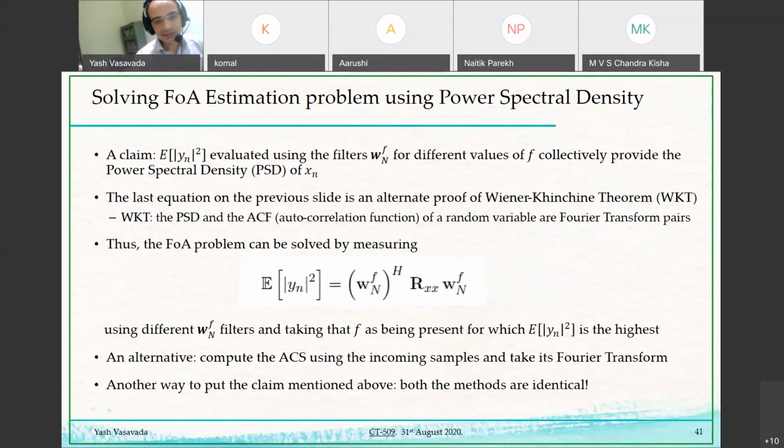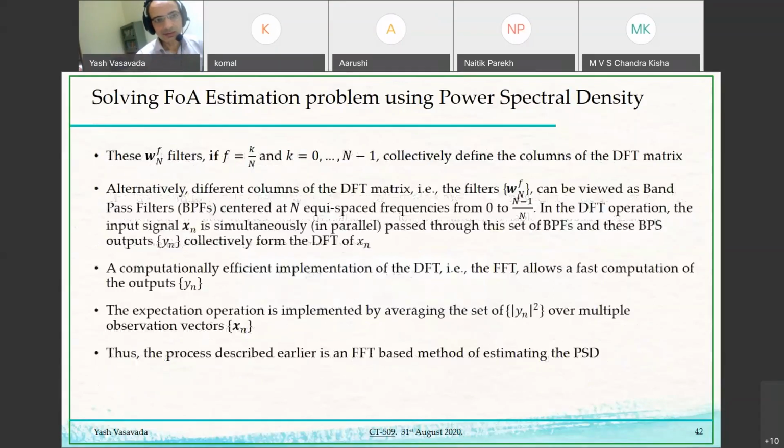Okay, maybe let me elaborate this a little bit more. I think Joel had pointed out earlier when we had started this topic that this W_n of f, if I take f to be k divided by n, and k is an integer going from 0 to n minus 1, these filters are nothing but the columns of the DFT matrix.